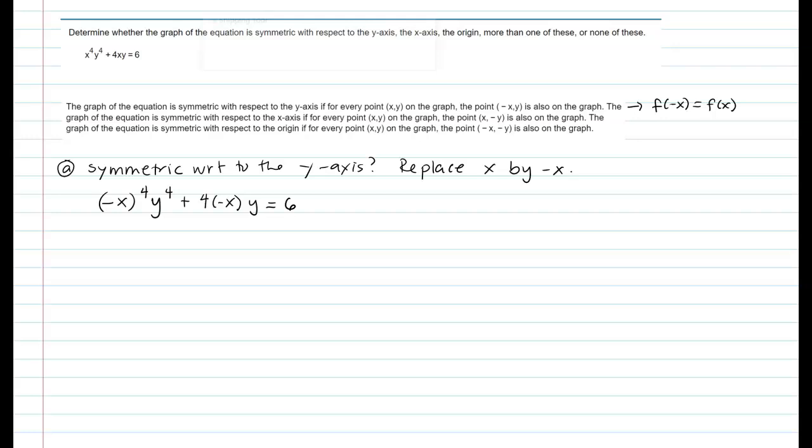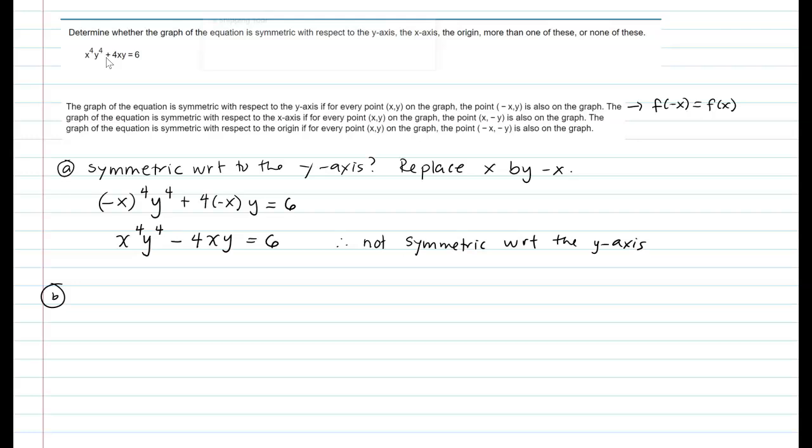If you have negative x raised to an even power, that is just equal to x itself. So that will just be x to the fourth, y to the fourth, minus 4xy equal to 6. Notice that in here, you were not able to get the original equation back. This became negative and the original is positive. So this means that this is not symmetric with respect to the y-axis.